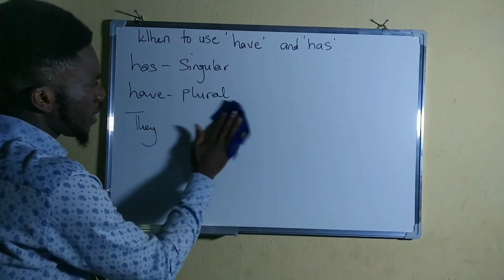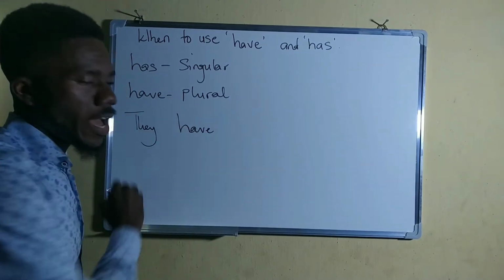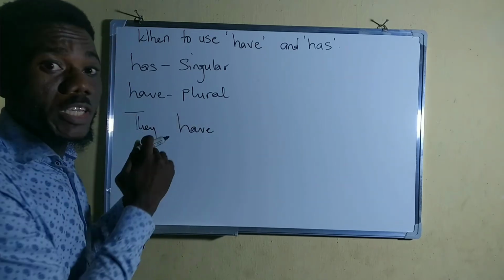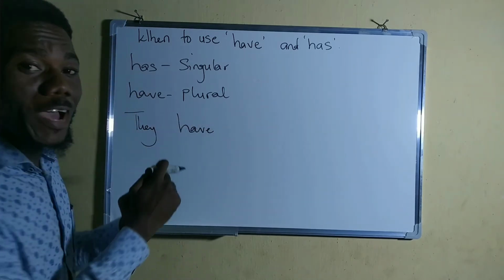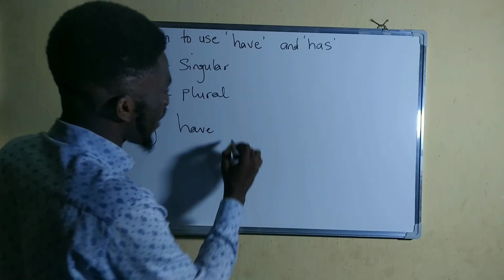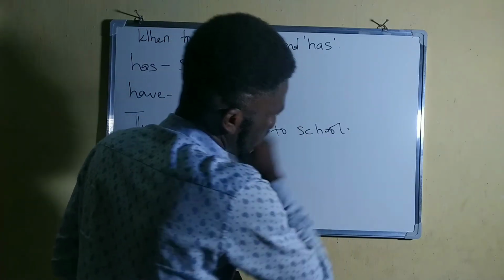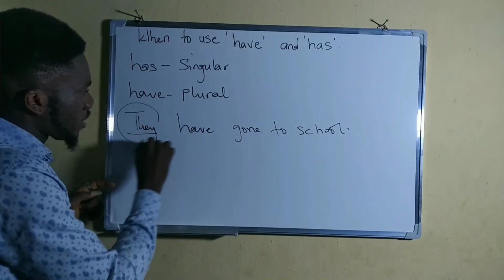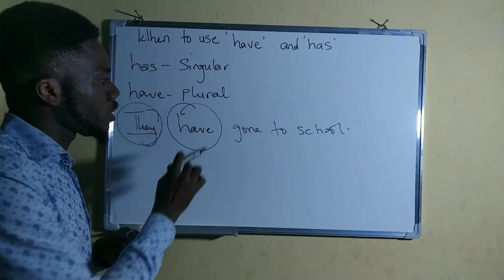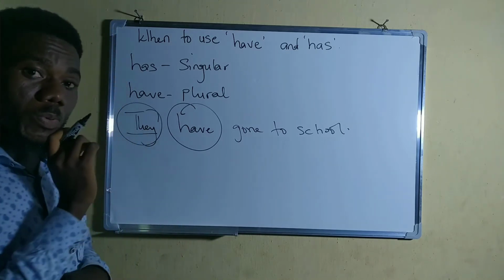There is nothing like they has. They would always go with have. Why? Because they is plural. Therefore, it must go with a plural verb. And that is why you have, for instance, a sentence like they have gone to school. Whenever you have they as the subject of a sentence, then the verb to come after it is expected to be plural because they is plural.